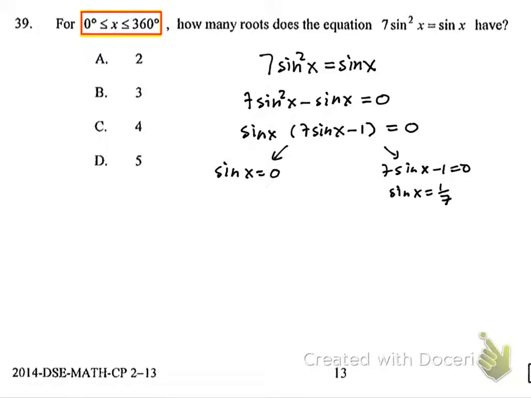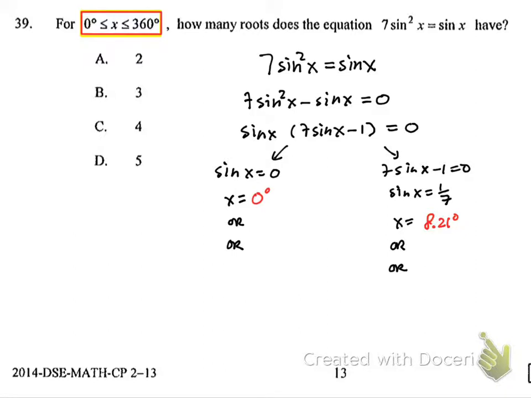So we can use the calculator to find the answer. This one, x will be like 8.21 degrees. This is the answer from the calculator. And then when sine x is 0, x is 0. Now, we know that for inverse trigonometric functions, there are extended answers.